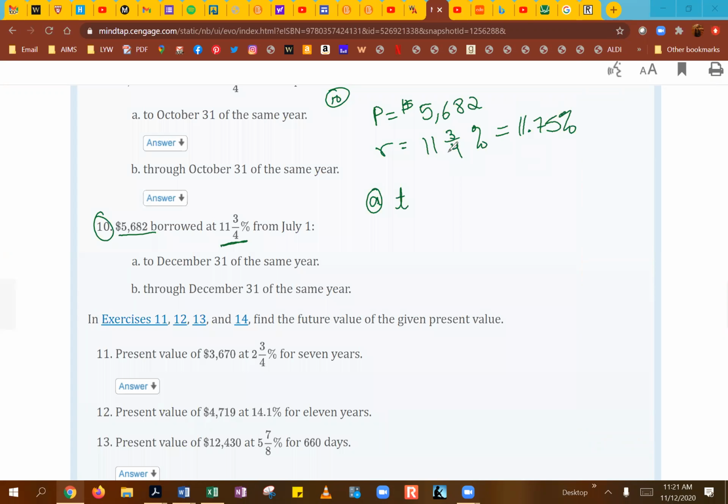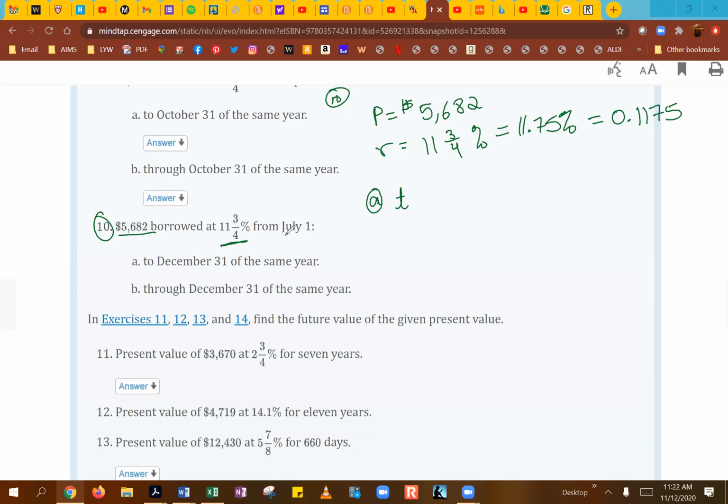Just convert that 3/4 into your decimal and then either divide by 100 or move your decimal 2 places to the left. So this will end up becoming 0.1175 as your rate of interest. Alrighty.